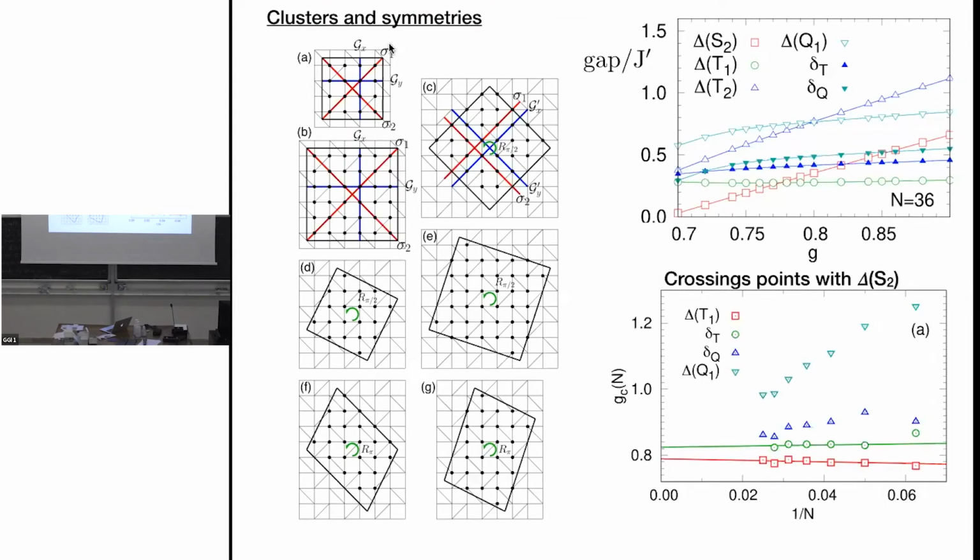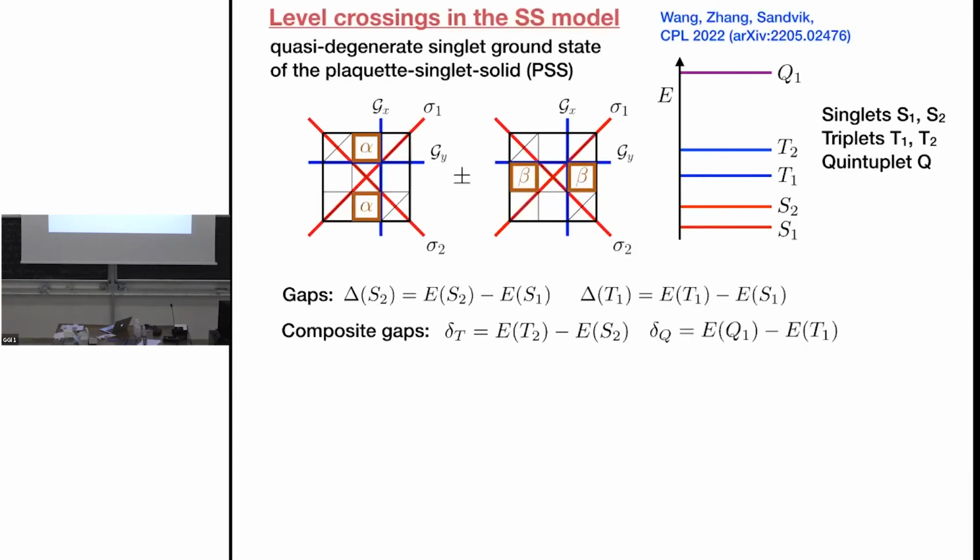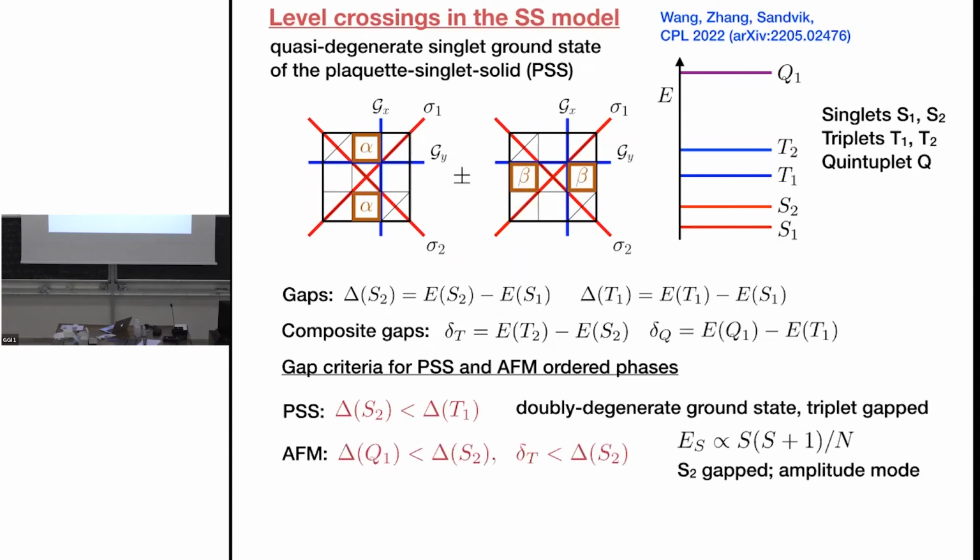Okay, so let me do what I skipped there then. There are some assumptions. One criterion for the plaquette singlet solid state is that it should be a twofold degenerate state. So in that phase, the singlet excitation must be the lowest because you have two quasi-degenerate singlets.